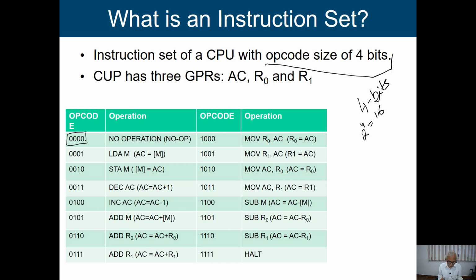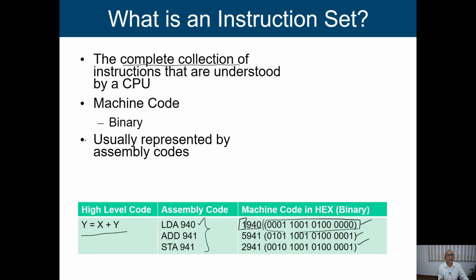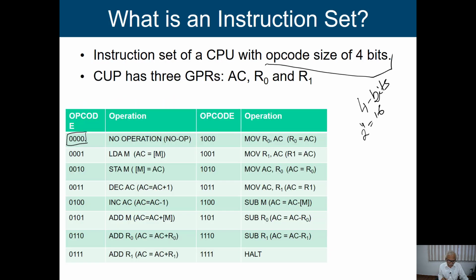Already we might have seen in our previous slide, or if we work with the same example, that 1 is load accumulator, 2 is store accumulator, and 5 is add-m.